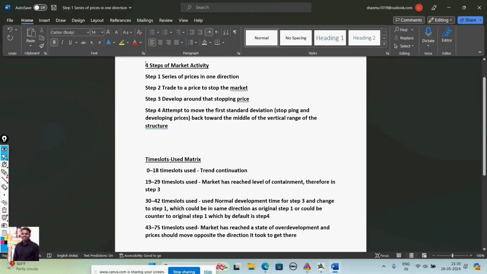Before that, you have to clearly understand the four steps of market activity. From these four steps along with the time slots, I give an example with market profile charts, so you can come to know how to find the trend, where to enter, and what the target points are.